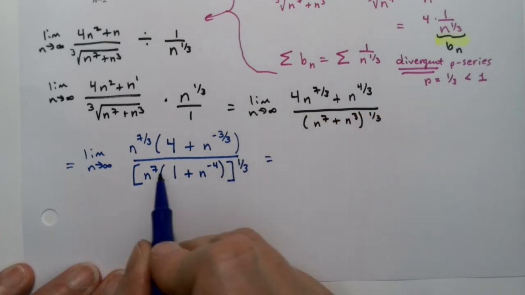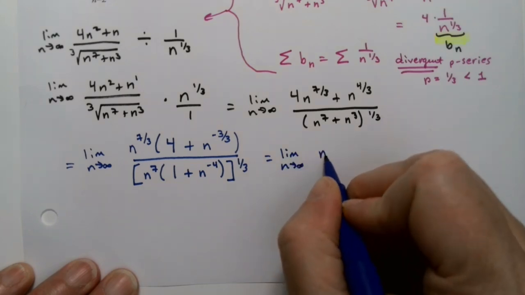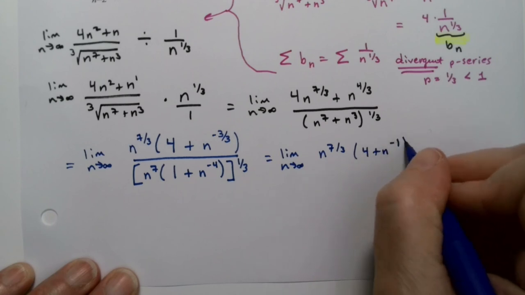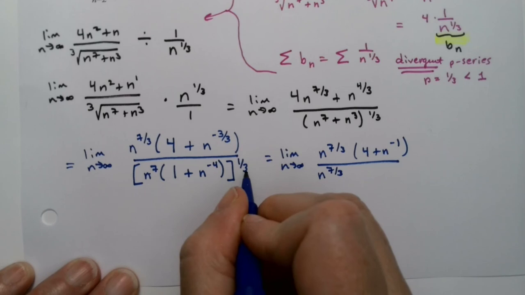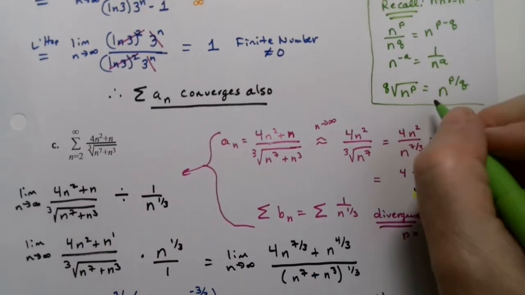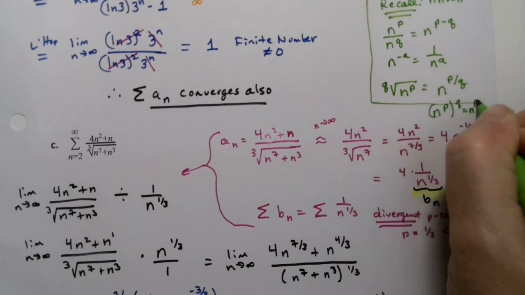So let me distribute that 1/3 real quickly. That's the limit as n goes to infinity of n to the 7/3 times 4 plus n to the -1, over n to the 7/3, right? 7 times 1/3 makes 7/3. Again, real quickly, n to the p to the q is n to the p times q.